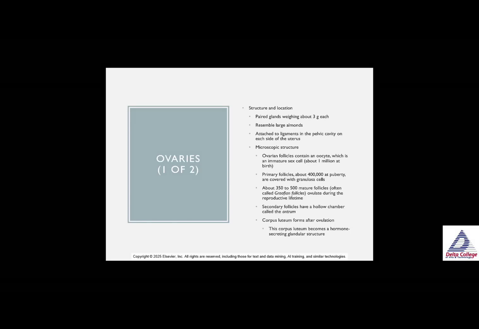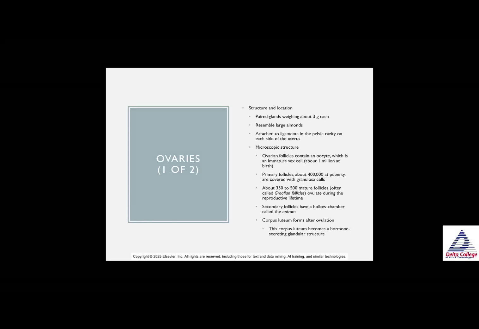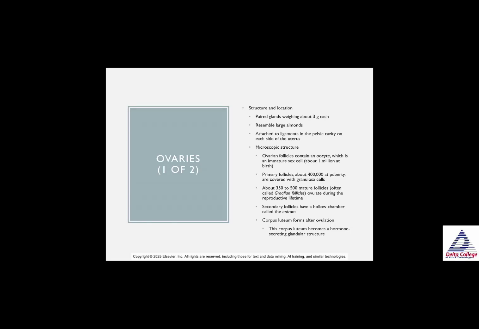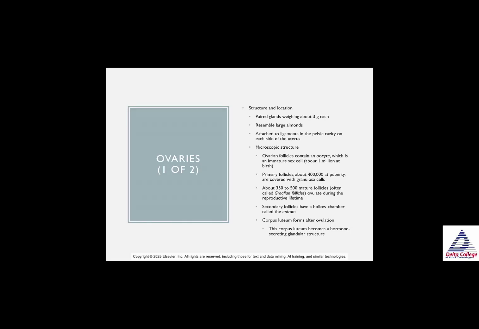These ovulate during the reproductive lifetime. Secondary follicles have a hollow chamber called the antrum. And then the corpus luteum forms after ovulation. This corpus luteum is so important because it becomes a hormone-secreting granular structure.